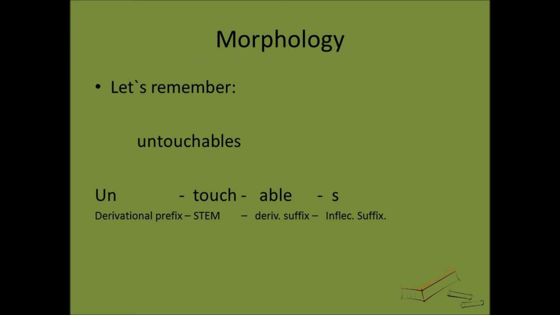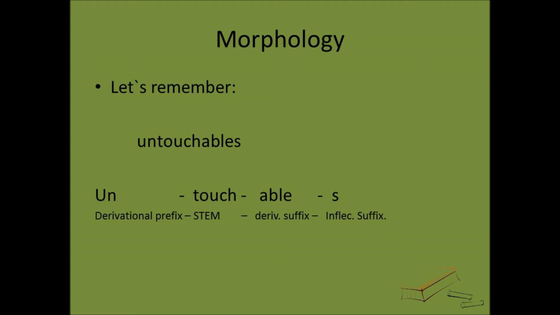Okay, now we are going to remember, on slide 13, morphology. Okay, so let's remember through an example. Untouchables. Un is a derivational prefix. Touch is a stem. Able is a derivational suffix. And s is an inflectional suffix. Okay?